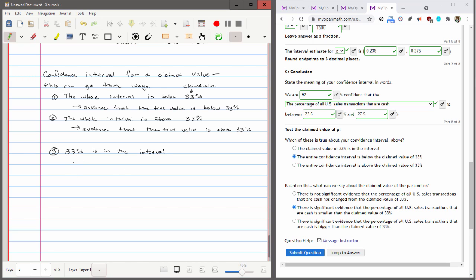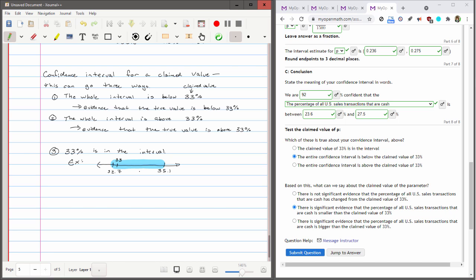Right, so for example, we might get an interval that looks like this. We might have 33 be one of the numbers that's in the interval.